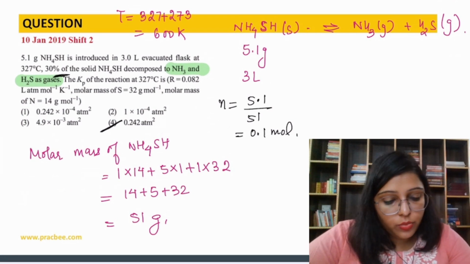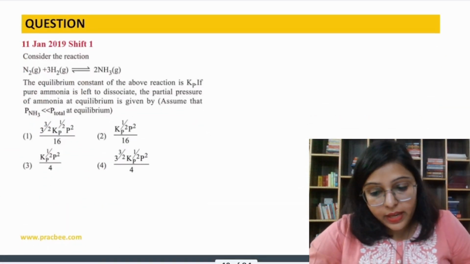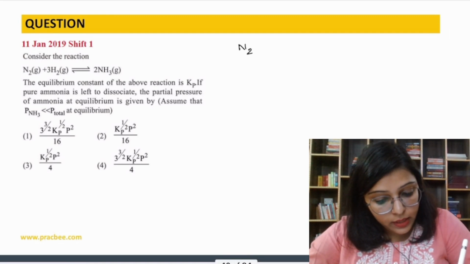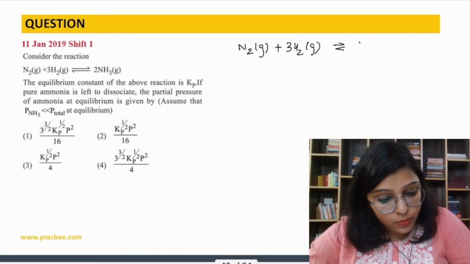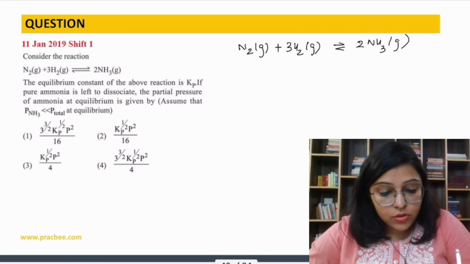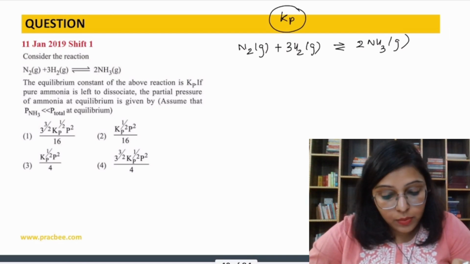Now let's do the next question. Consider the reaction N2 gas plus 3H2 gas, and it is in equilibrium with ammonia gas. The equilibrium constant of this reaction is Kp.